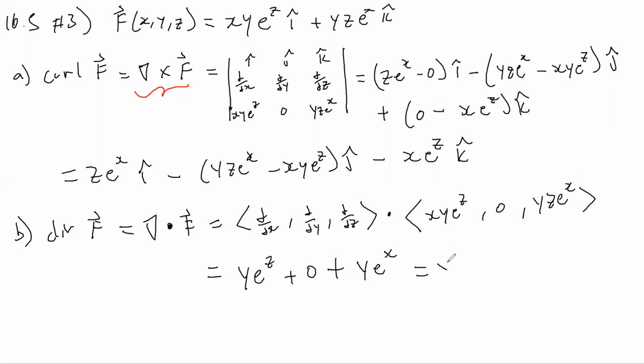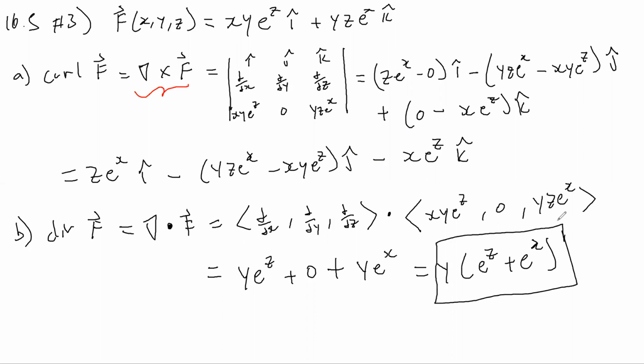If we factor out a y, we're left with y times (e to the z plus e to the x). That's the divergence of the vector field. The two biggest things, at least in the intro to this chapter, are these two definitions as covered in lecture.